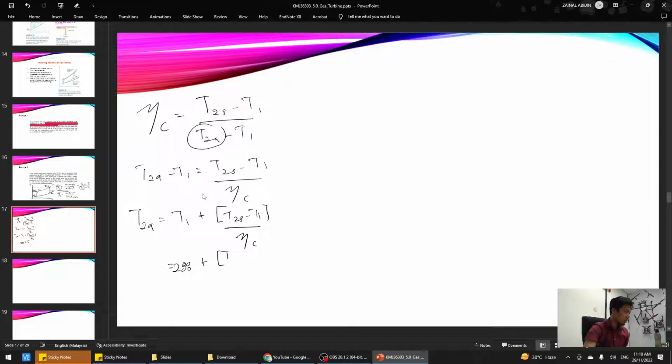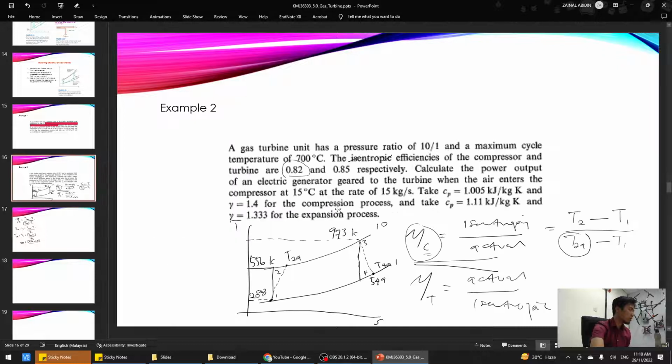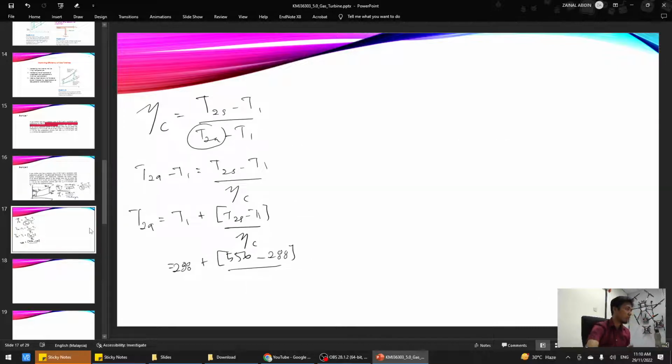Ataupun T2 lah, 566, tolak 288, bahagi isentropic compression 0.82. So you dapat T2A. Alright, you dapat T2A. Exactly the value is T2A.